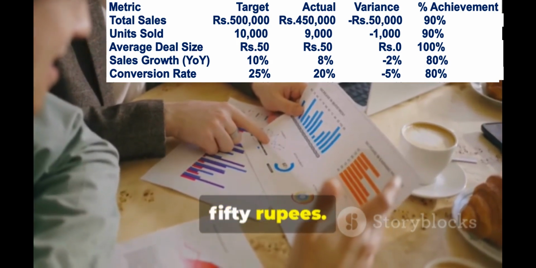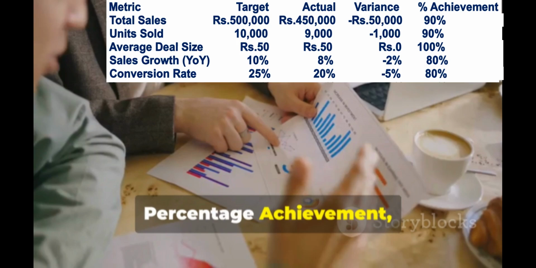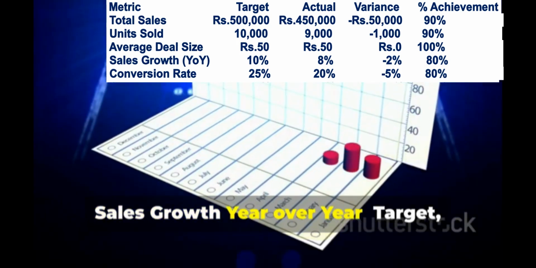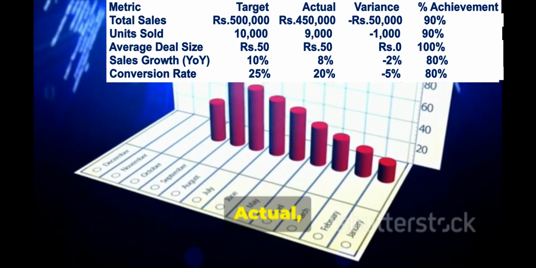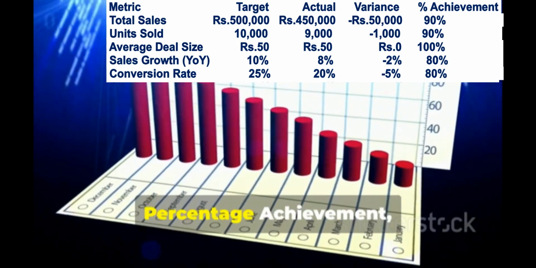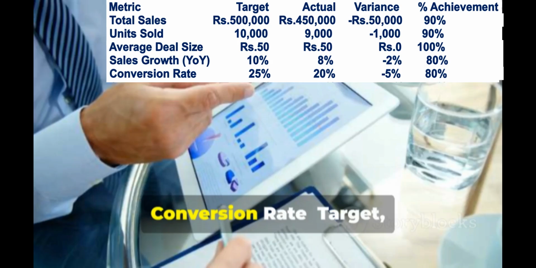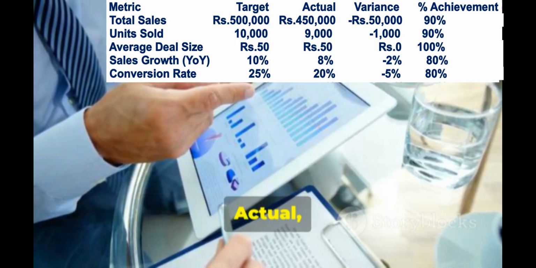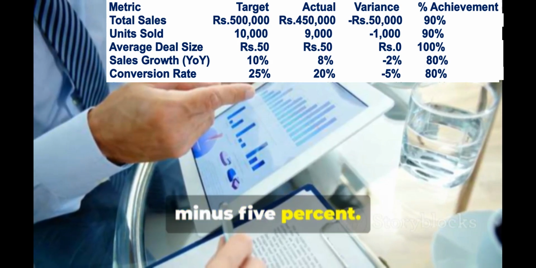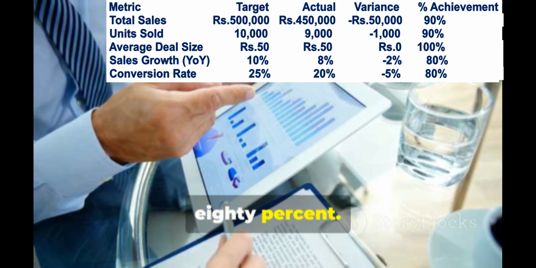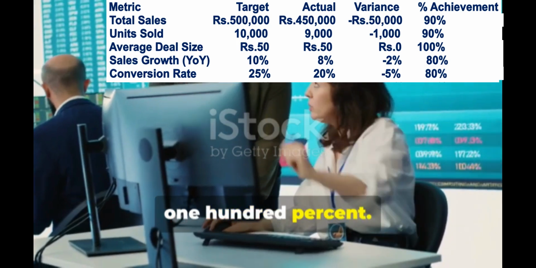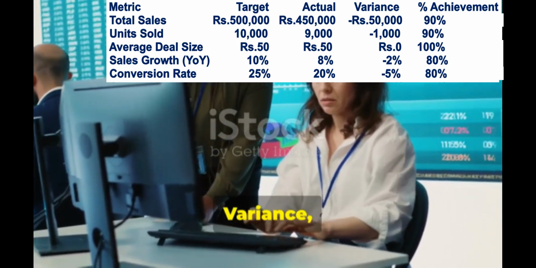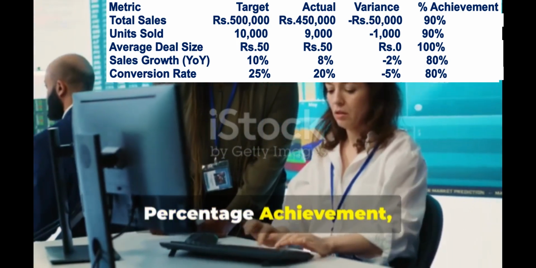Actual 50 rupees. Variance 0. Percentage achievement 100%. Sales growth target 10%, actual 8%, variance minus 2%, percentage achievement 80%. Conversion rate target 25%, actual 20%, variance minus 5%, percentage achievement 80%. Quota achievement target 100%, actual 90%, variance minus 10%, percentage achievement 90%.